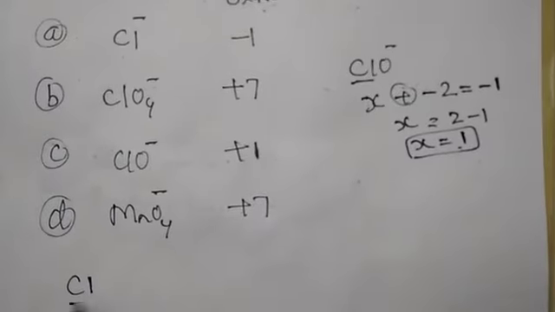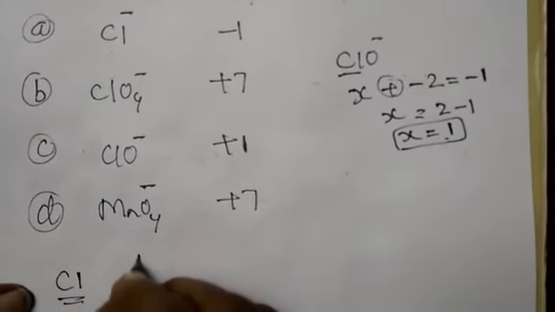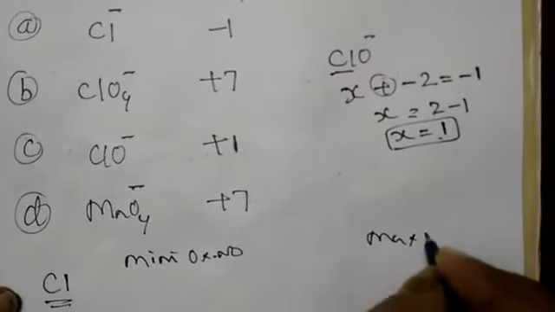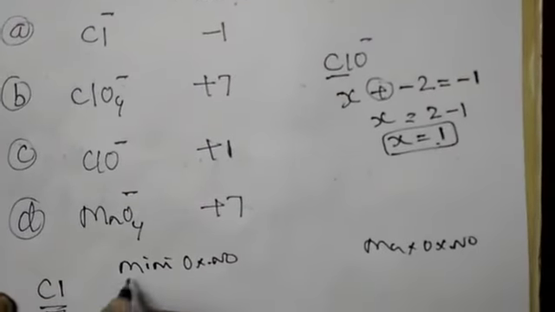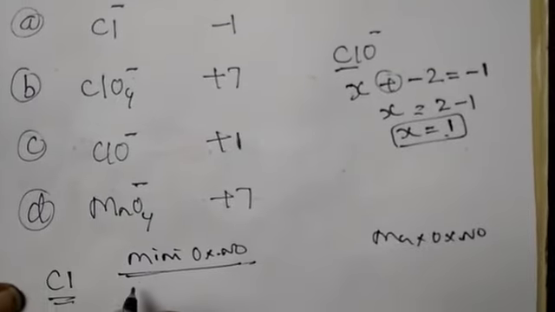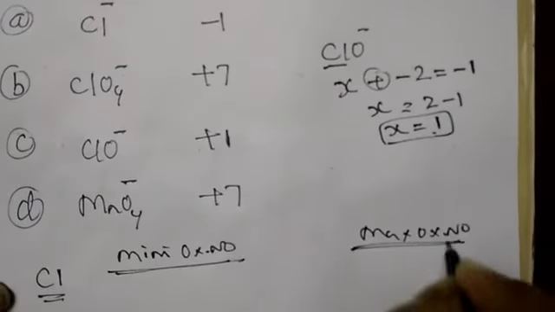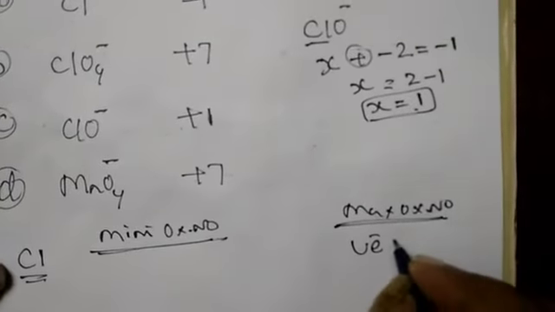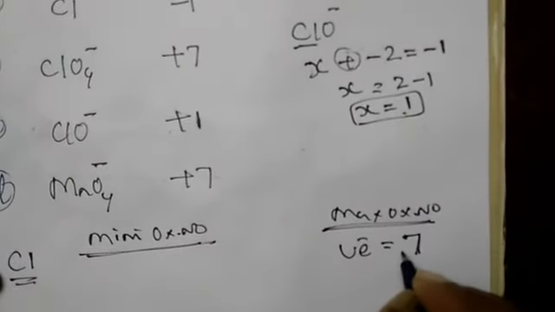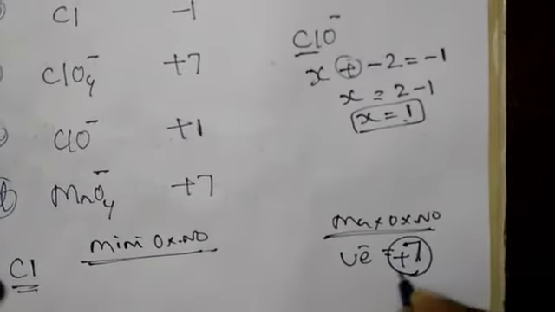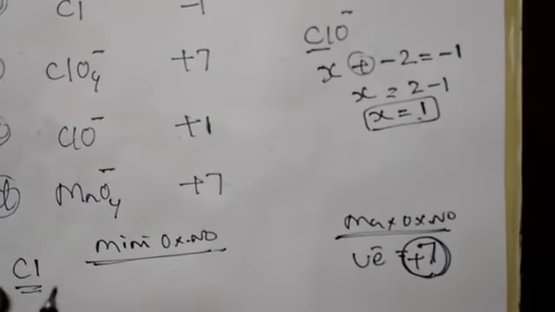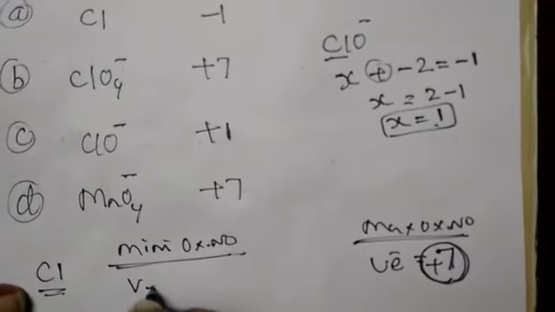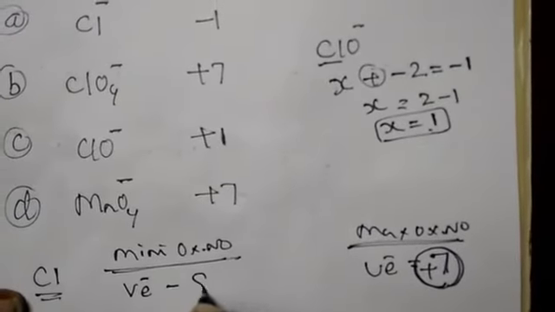One is chlorine. For it, we have to calculate the minimum oxidation number and the maximum oxidation number. Let me complete the maximum first. Valence electron is maximum. For chlorine, valence electrons are 7. So the maximum oxidation state of chlorine is +7. For the minimum oxidation state, valence electrons minus 8.